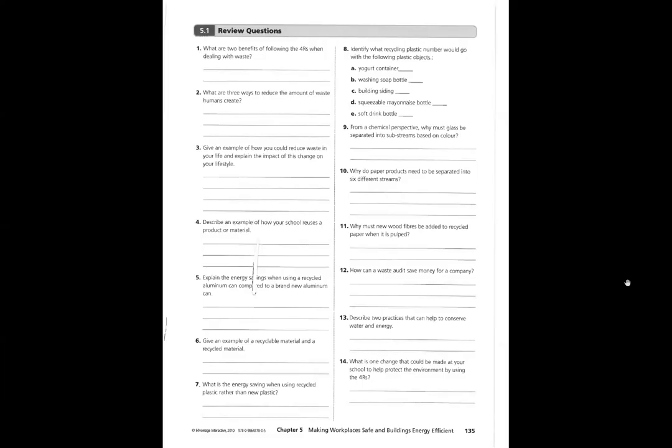Question 8 sometimes gives people issues, so I'm going to go through a couple of these so that we can talk about it. It asks you to identify what recycling plastic number would go with the following plastic objects. Some of these are more difficult because they're not mentioned specifically in the reading, and I think that's what gives people a hard time. The first one is A, yogurt container, on page 135.